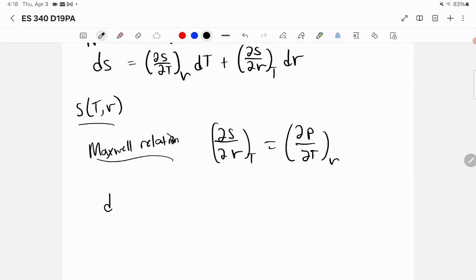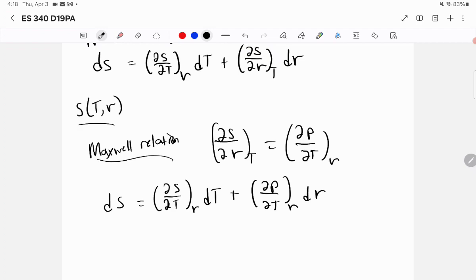So that means that my equation becomes ds = (ds/dT) with v held constant dT plus (dP/dT) with v held constant dv, using this Maxwell relation. Let's call this 3. So I substituted 3 in there.